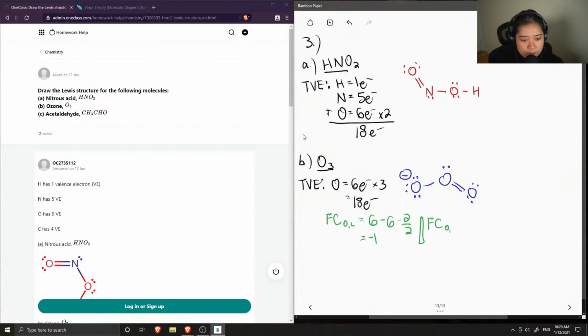For the oxygen in the middle, I'll say OM. There's also 6 valence electrons. There's only 2 non-bonding electrons, and there's 3 bonds. So we have a total of 6 bonding electrons divided by 2.